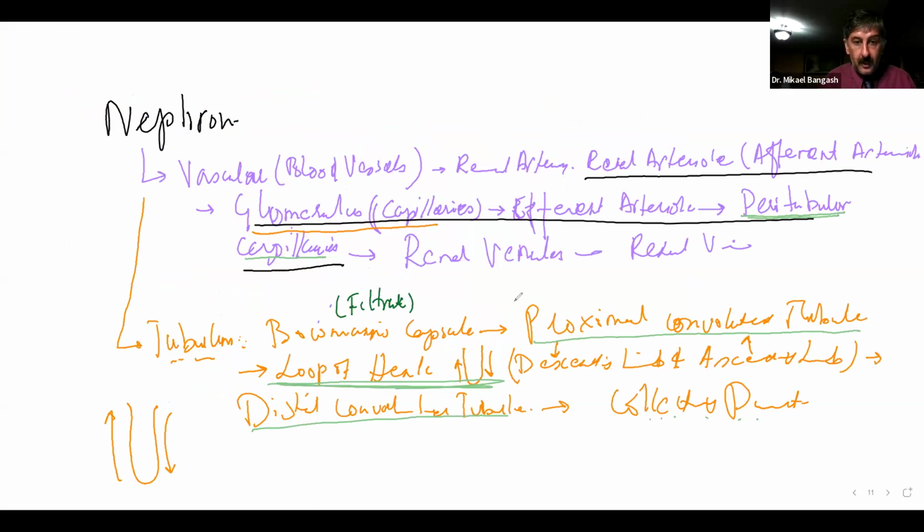And this filtrate is now going to run through the remaining tubular system of your nephron, which is going to be the proximal convoluted tubule, followed by the loop of Henle, followed by the distal convoluted tubule, which would end up being what we call the collecting duct.